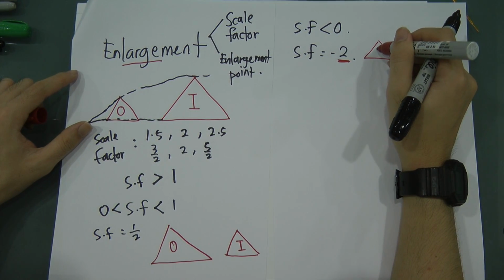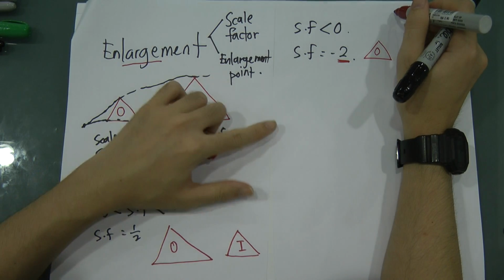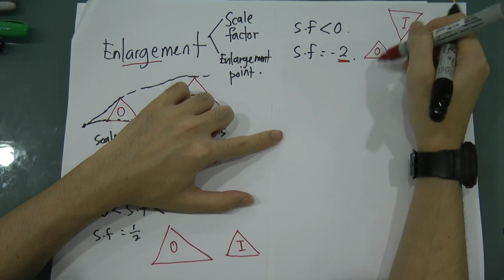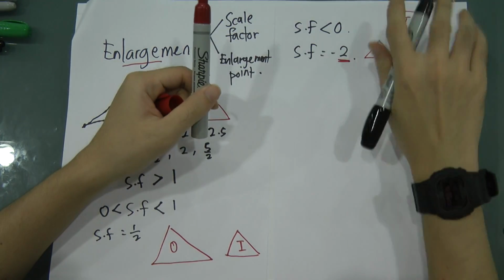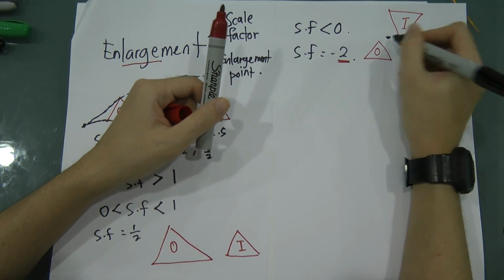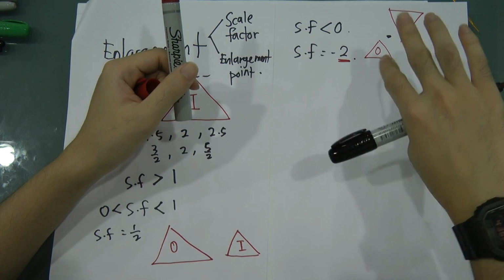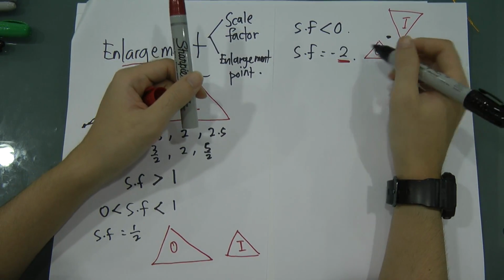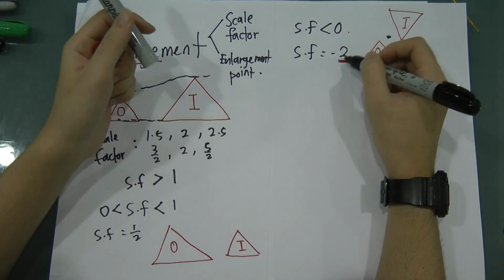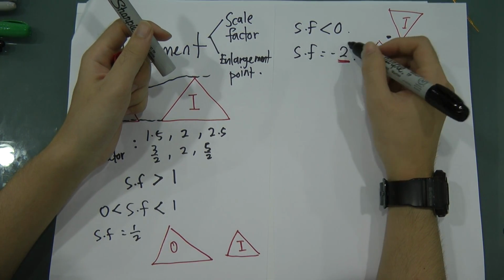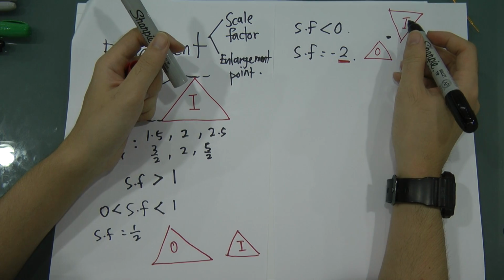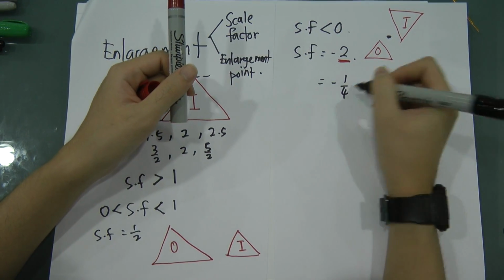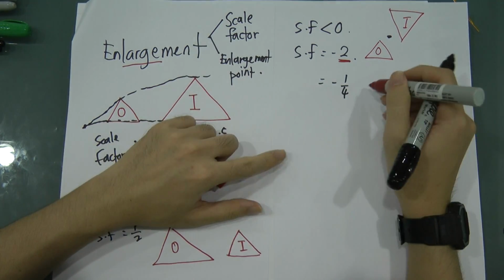This is the object, and this is the image. The image is bigger than the object, but the negative actually gives some effect, depending on where the center point is. It will reverse, it will flip over. But the scale factor is still -2, so we still have the 2, which means the image is bigger. If the scale factor is -1/4, it means actually this is the object.